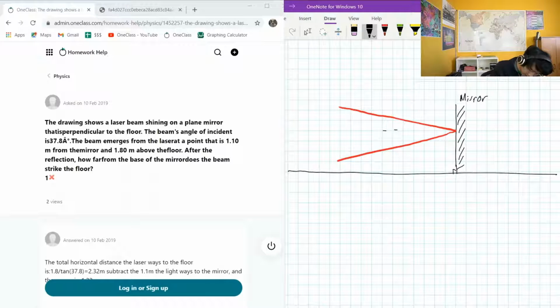So it's saying that the angle of incidence, which is the angle that it makes with the normal, and with a mirror, they're going to be the same, like the incoming and the outgoing have the same angle. And this angle they gave us is 37.8 degrees.